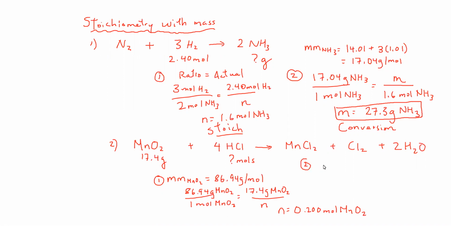Now for the stoich part. What I'm actually interested in is the hydrochloric acid, or the HCl. So I know for every 4 moles of HCl, I have to react it with 1 mole of manganese 4 oxide, which leads me to lining up 0.200 moles of manganese 4 oxide for an unknown number of moles, and N in this case ends up being a grand total of, what did I calculate here, 0.8.